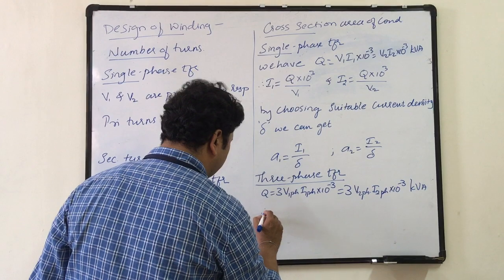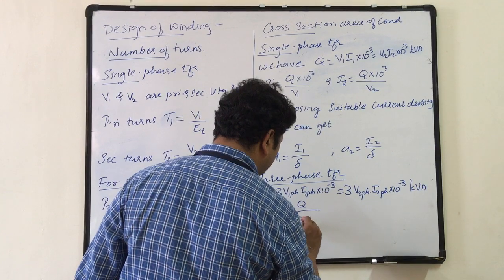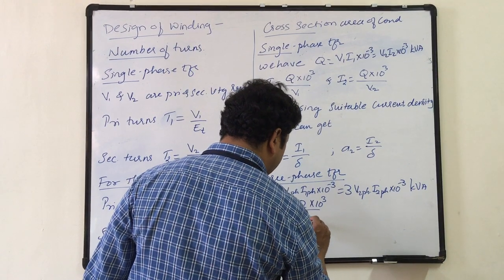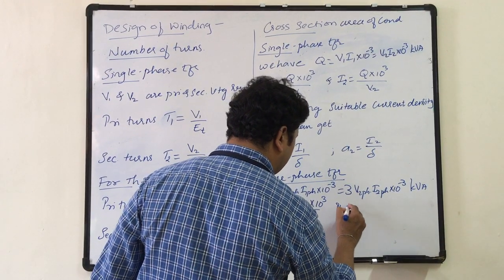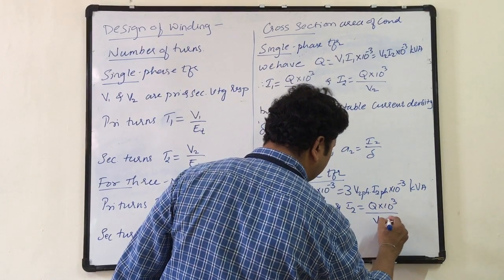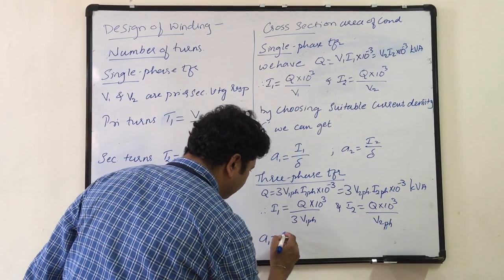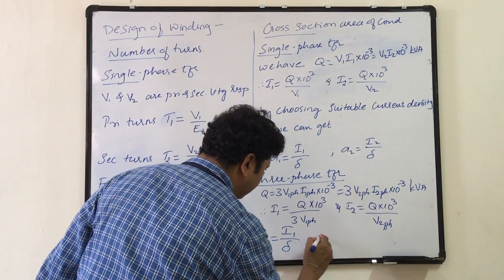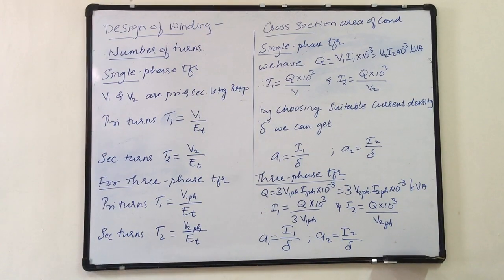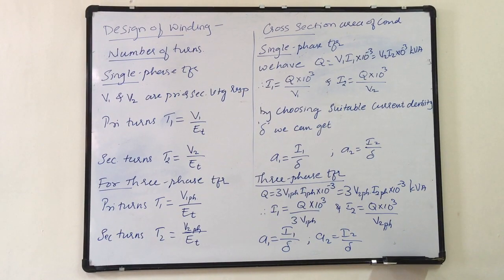Therefore, I1 is equal to Q into 10 to the power 3 divided by 3 V1 ph, and I2 is equal to Q into 10 to the power 3 divided by 3 V2 ph, and A1 is equal to I1 by delta and A2 is equal to I2 by delta. So this is how I get the area of conductors in three phase transformers.